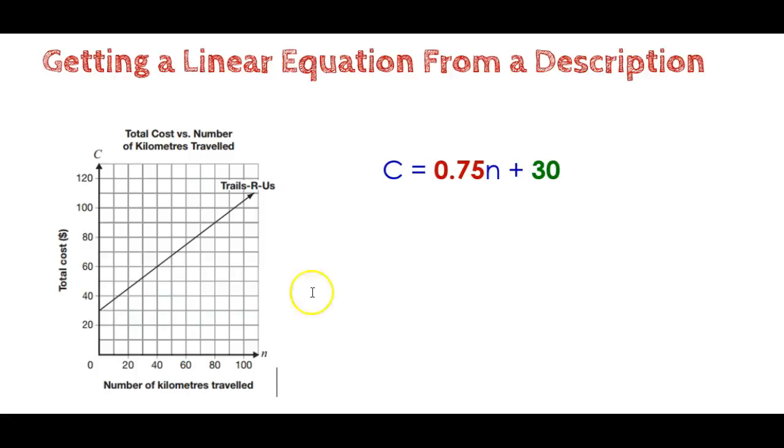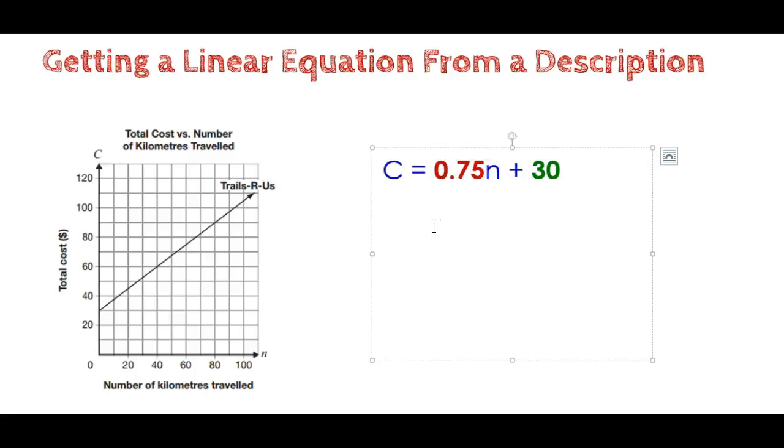For instance, this 30 here, what does that mean? It means that the starting cost was 30. This looks like maybe somebody who rented a vehicle and paid $30 at 0 kilometers, a flat fee at the beginning. And then for every kilometer they went extra, they paid a certain amount of money. That slope tells me that the amount they paid was 75 cents a kilometer.